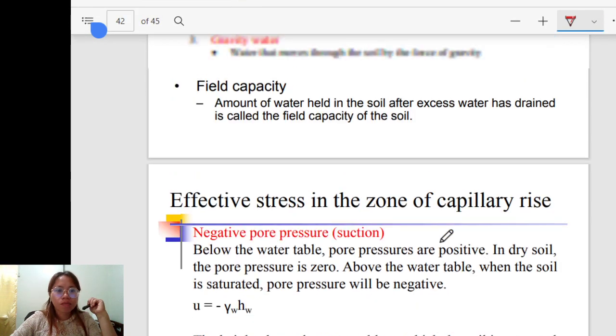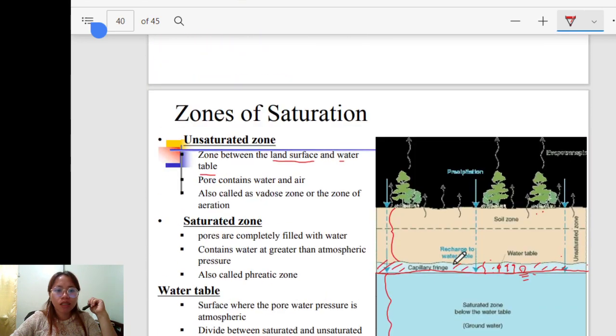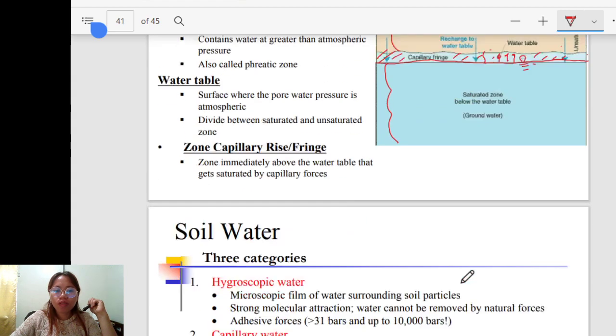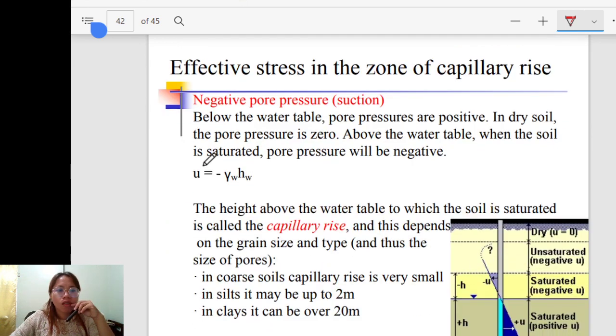So, earlier, the capillary rise, this part here, since this is the dry soil, the pore pressure in this part is actually negative, no? This is represented by this one.